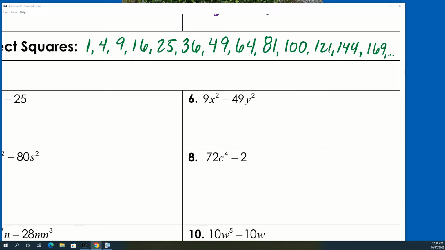And you guys can recreate this list anytime you want to with your calculator. Just start with 1 and just square the next number.